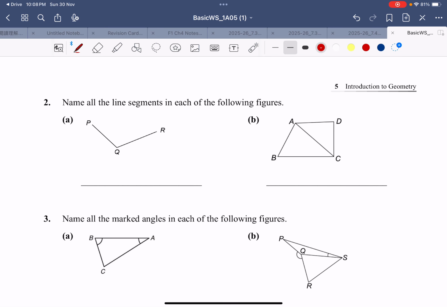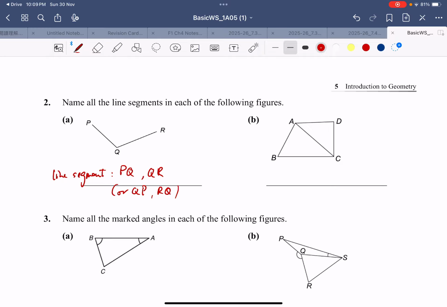Name all the line segments. Write down line segments. All the line segments include PQ, QR. Should be very simple. Or you can write QP, RQ, the same way.